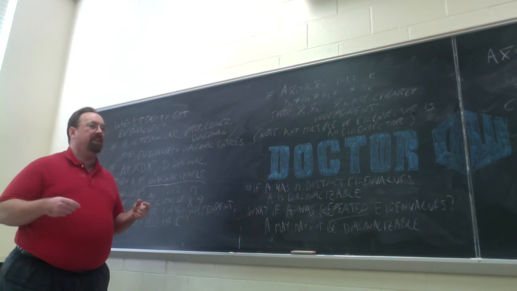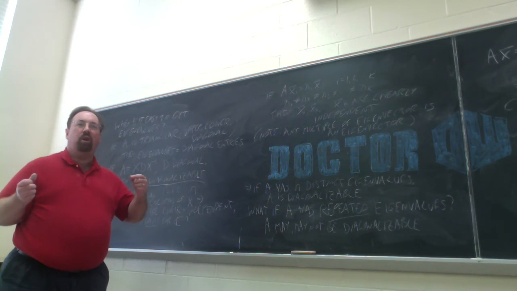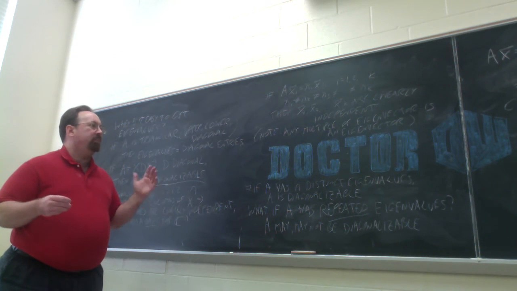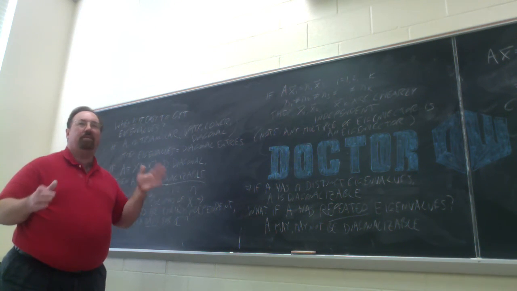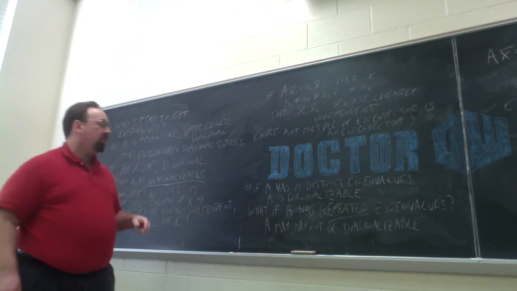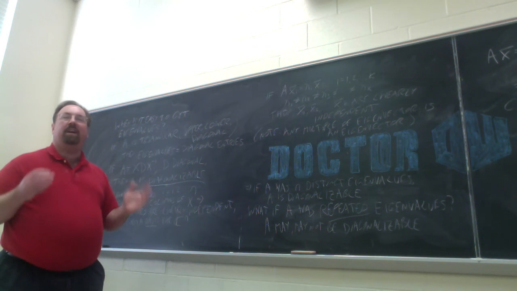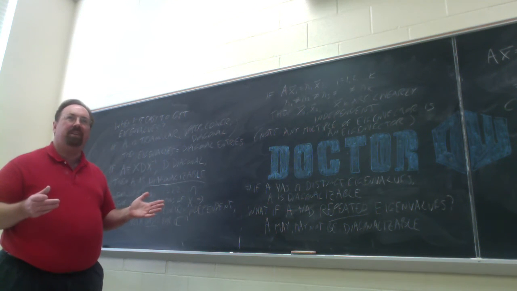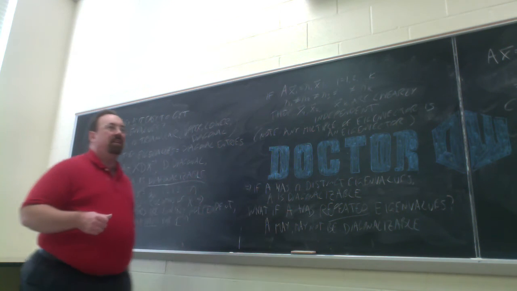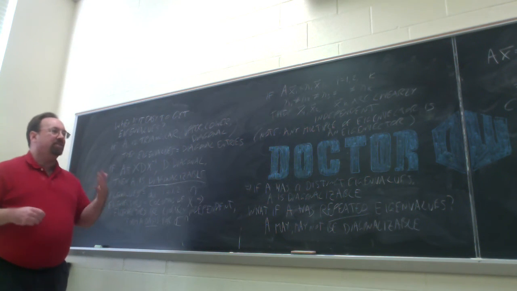But maybe one of them is exactly 2, and the other is 2.0001. Are they really meant to be distinct eigenvalues that happen to be close together, in which case the matrix is definitely diagonalizable? Or are they meant to be the same eigenvalue, and one is just a little bit off? Then the matrix might not be diagonalizable. So in a numerical setting, you're out of luck.